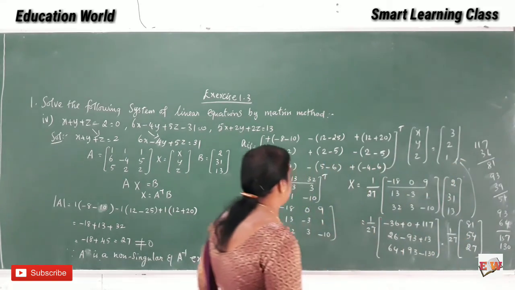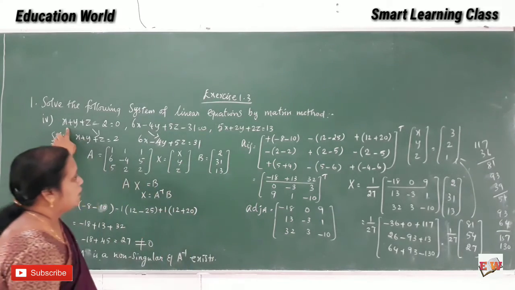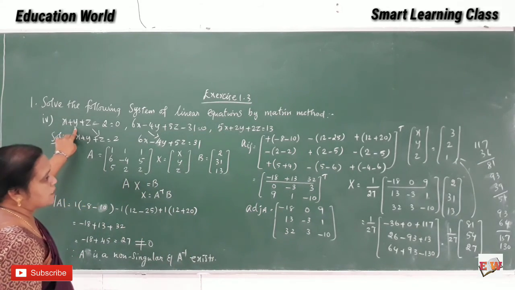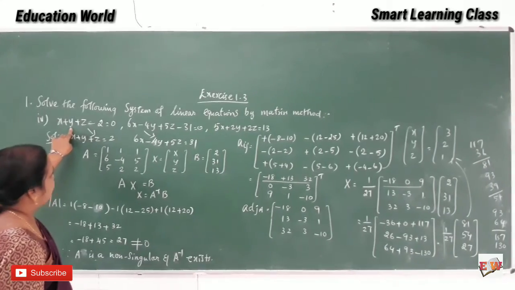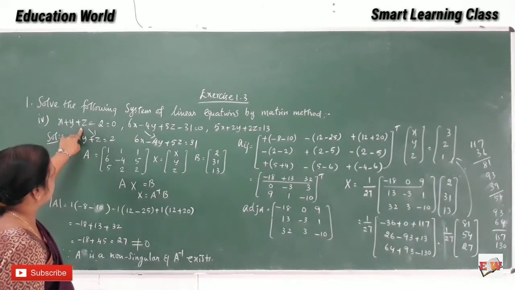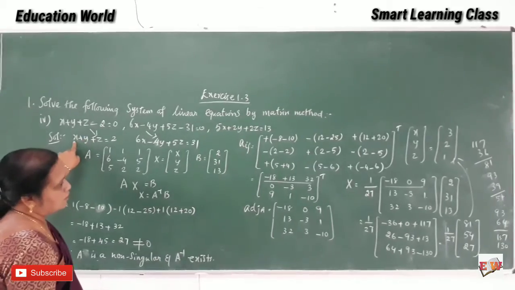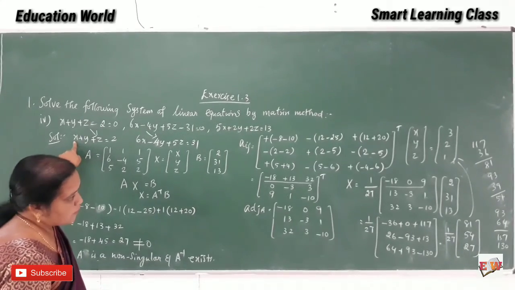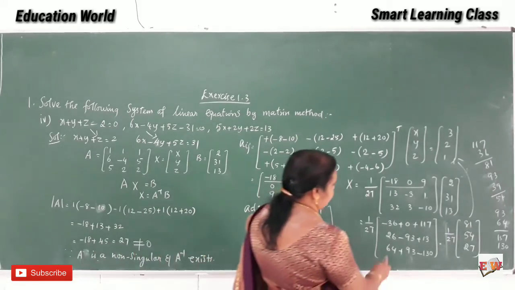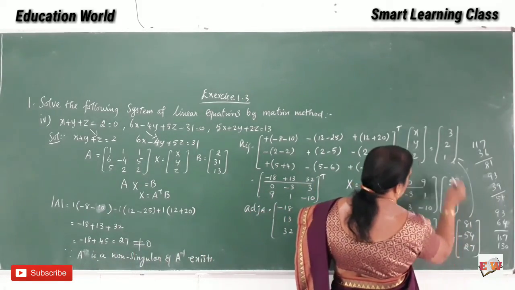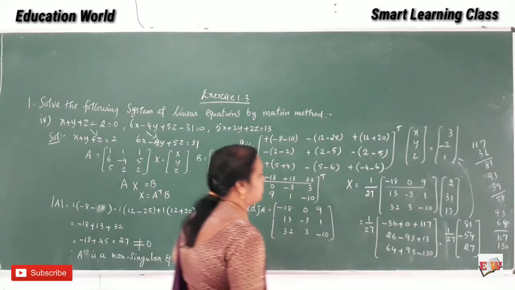You just apply these values in any one equation. 3 plus 2 is 5, plus 1 is 6, minus 2... Now it is correct.